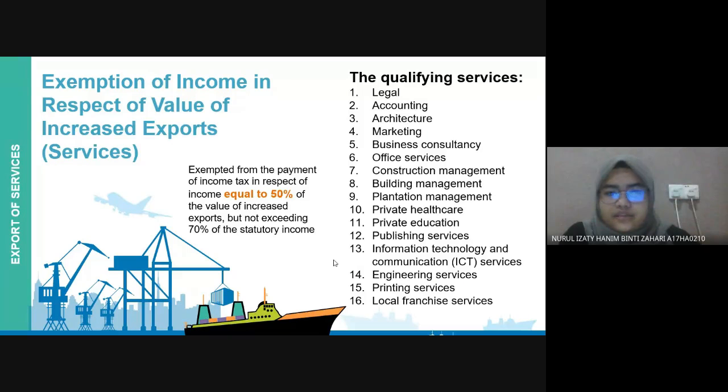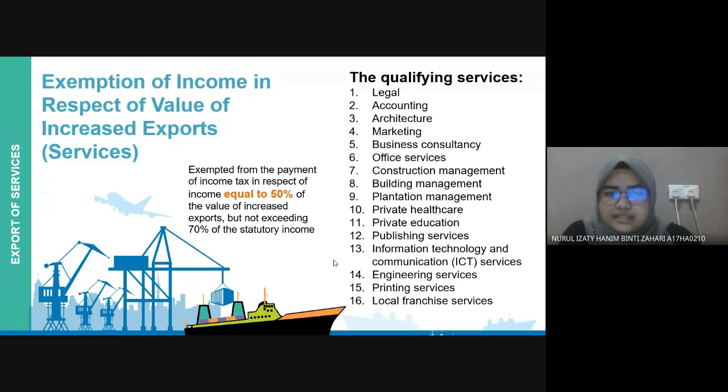Next we look at exemption of income in respect of value of increased exports in the service sector. The exemption is given to the person that exports services. So these are the qualifying services: legal, accounting, architecture, marketing, business consultancy, office services, construction management, building management, plantation management, private healthcare, private education, publishing services, information technology and communication services, engineering services, printing services, and also local franchise services.